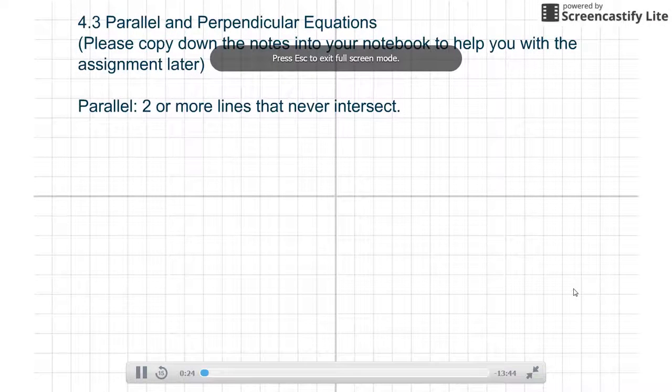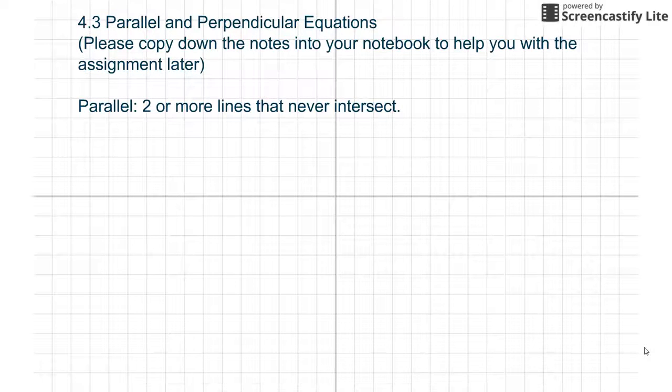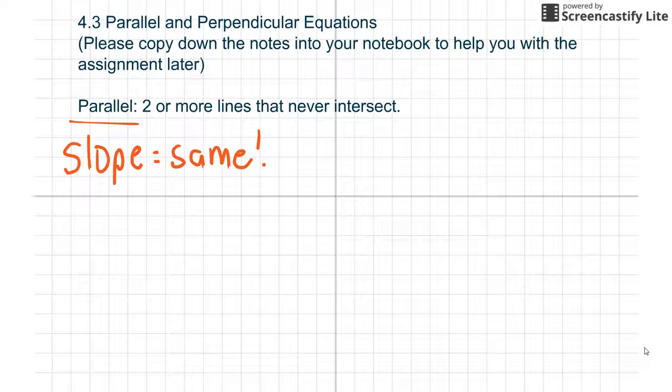So first of all, parallel. If we don't remember what parallel means, it just means two or more lines that never intersect. And in equations, it's really easy to tell because parallel lines have the same slope.